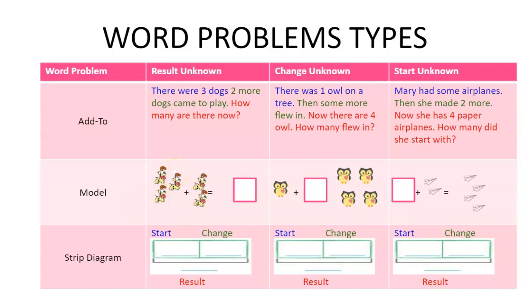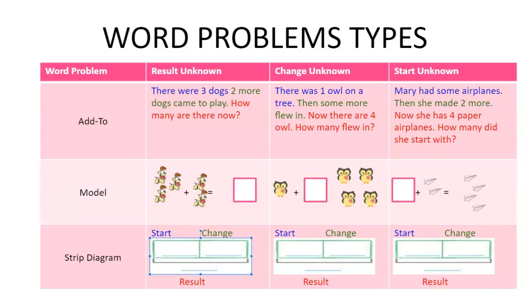And then something happened, the change. 2 more dogs came to play. So we have 2 more that came to play. And we know it's addition because it's adding more to the amount. So we have the 3 plus the 2, and then it's asking us for how many. They want to know what the result is.